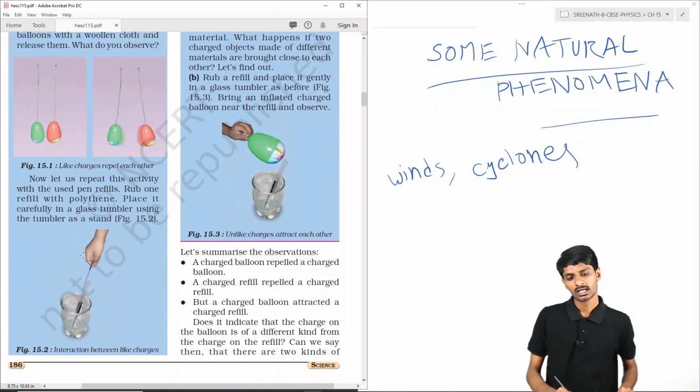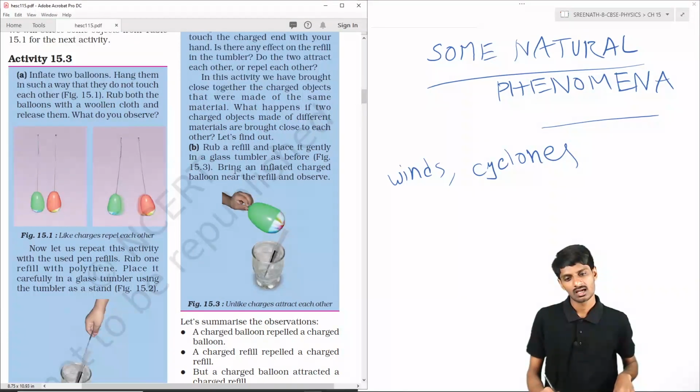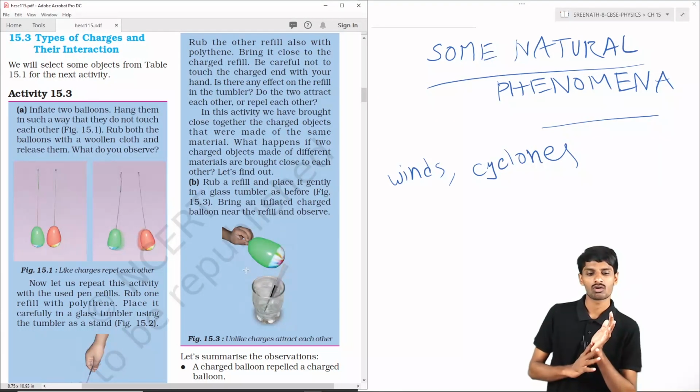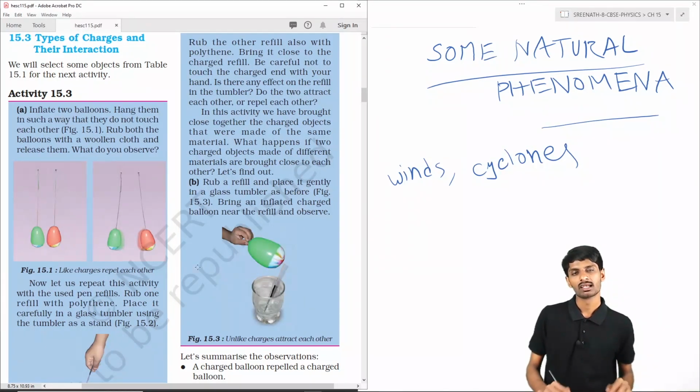Now take two pen refills, rub them with polythene separately and bring them together. What do you observe? Now take a balloon, rub it with woolen cloth, take a refill and rub it with polythene, and bring them together. What will you observe?